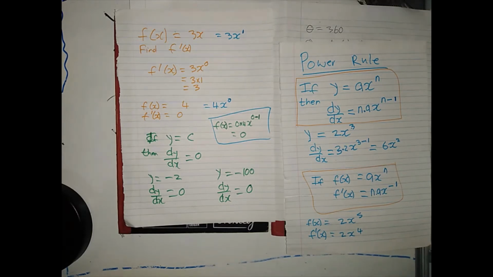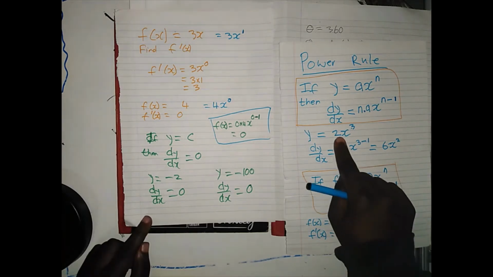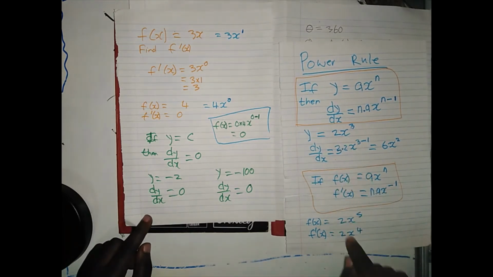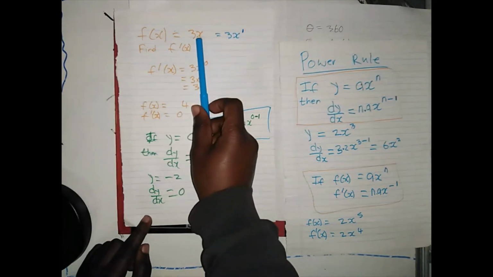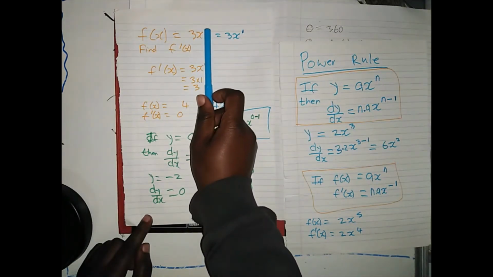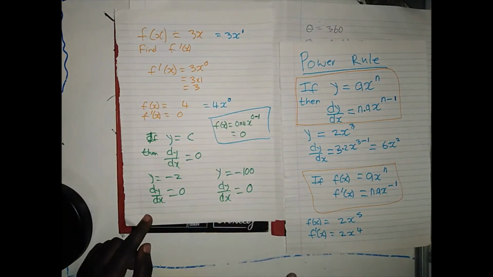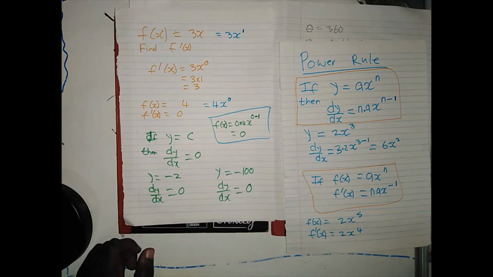All right, now I want us to discuss something else which is important. You saw how we found the derivative of this one using the power rule, and we also showed you how to use the one with an invisible one here, and you know how to find the derivative of a constant.